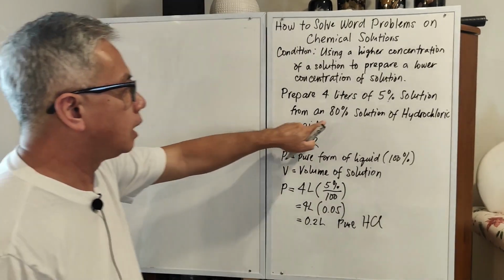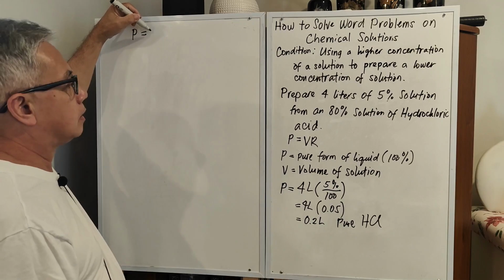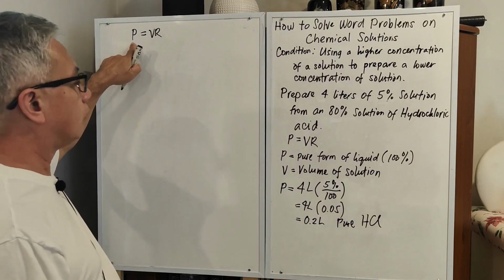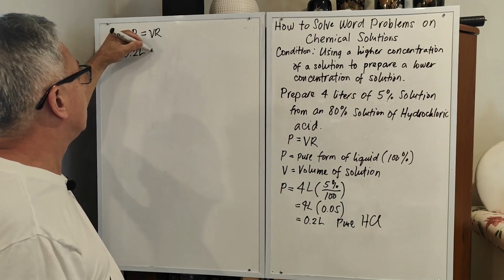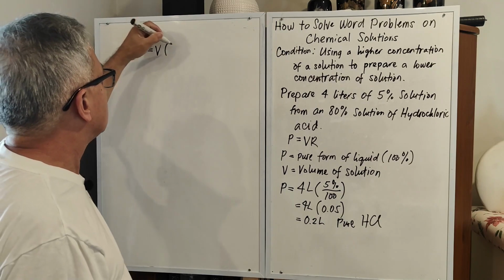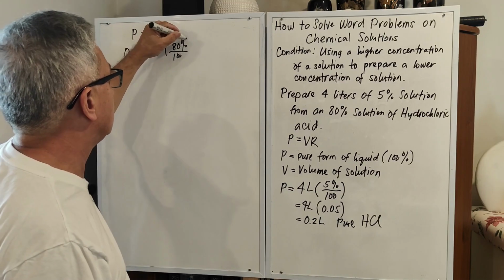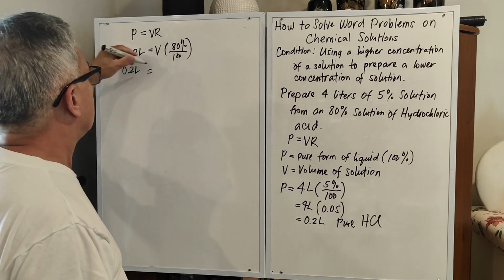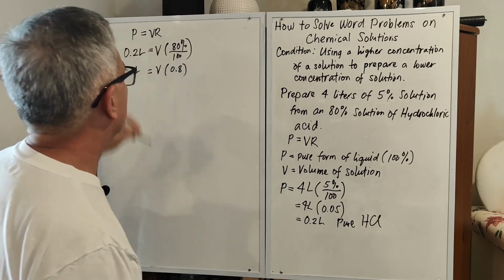Now, to use this 80% solution, we need to use this formula, where we know P should be 0.2 liters, but we don't know the volume of the 80%. So R is the 80% divided by 100, which is 0.8.